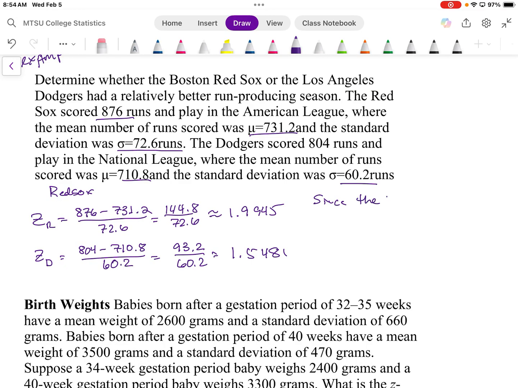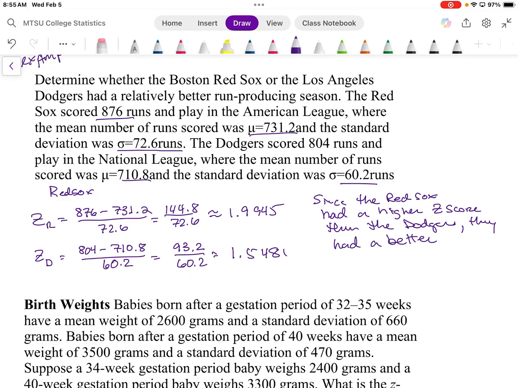Since the Red Sox had a higher Z-score than the Dodgers, they had a better run production season.